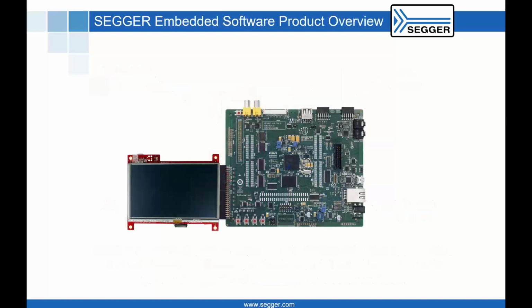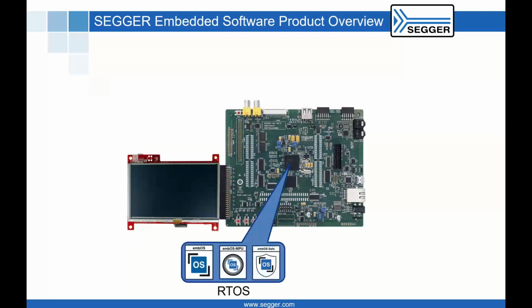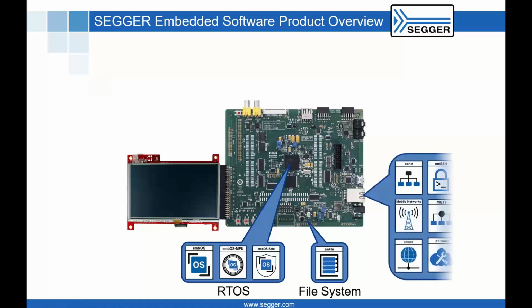So in terms of the embedded software, we really can offer you anything that needs to run on the MCU. For example, you might need a real-time operating system in an embedded application today, so we have embOS. You might need a file system.